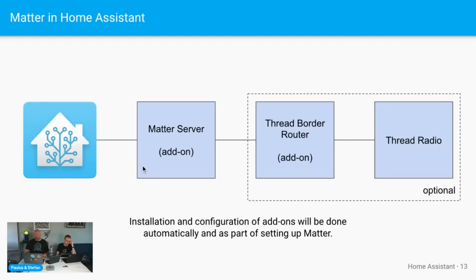And besides that, we also have an add-on for the thread border router. So if the Matter device is on the thread network, this thread border router takes care of routing these IPv6 packages to the Matter server. But in the end, this is largely transparent, right? It's just an IP network. It's just regular routing.